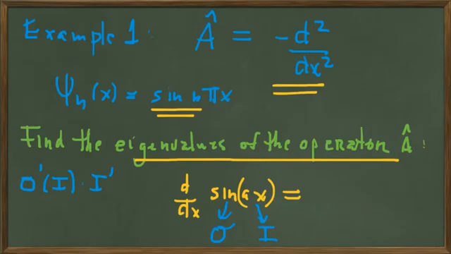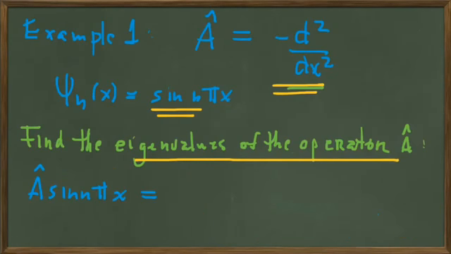So our derivative is going to be the derivative of the outer function, which is cosine of ax, and then multiplied by the derivative of the inner, the derivative of ax, which is a. And so let's put some tagging marks on there. So here we have O prime of I, and here we have I prime.